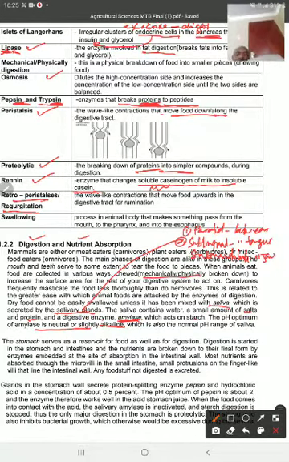So if this is the stomach, there is the esophagus. We know that in the stomach, there's what we call gastric juice. Gastric is another name for stomach, so it's stomach juice. Stomach juice contains what? Hydrochloric acid, the substance which makes the stomach acidic.